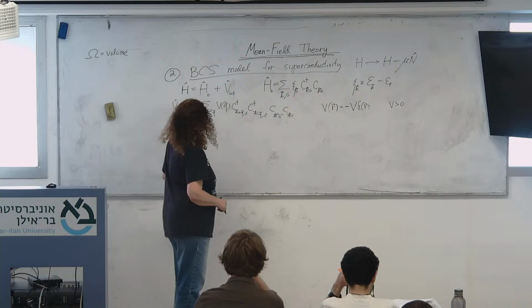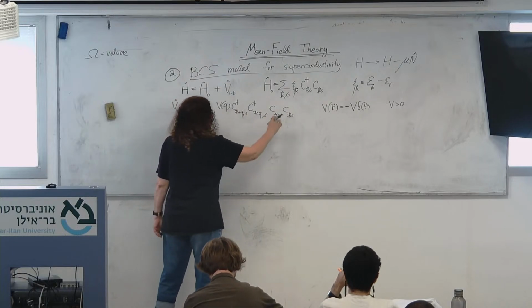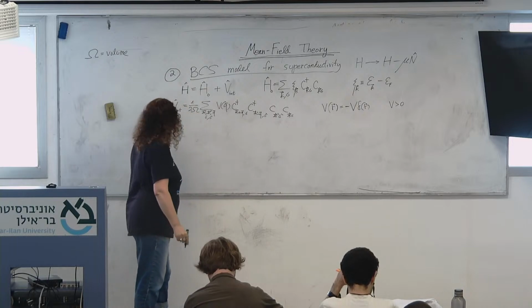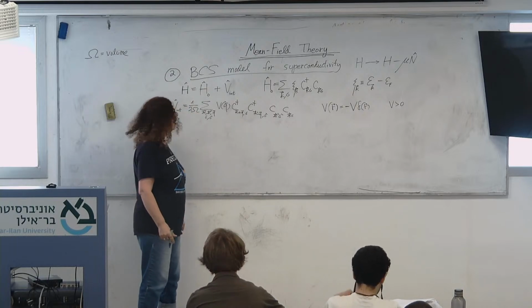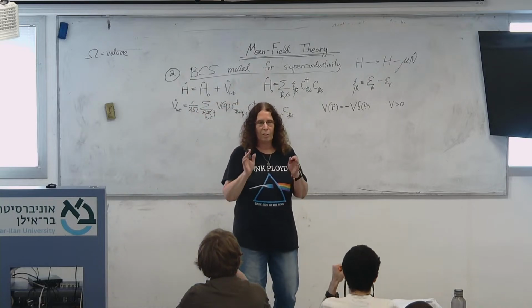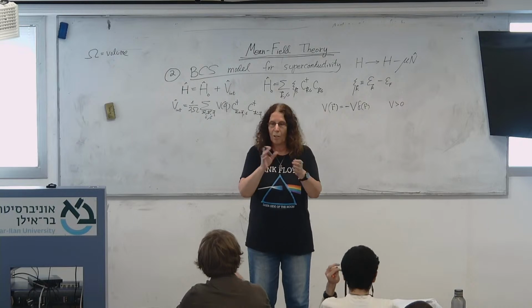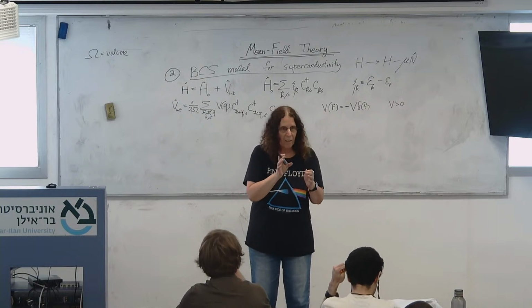Okay? And now we have a summation over all these indices, but in the BCS model, and I mentioned to you a few lectures ago that you can classify the interaction according to various choices of the indices.